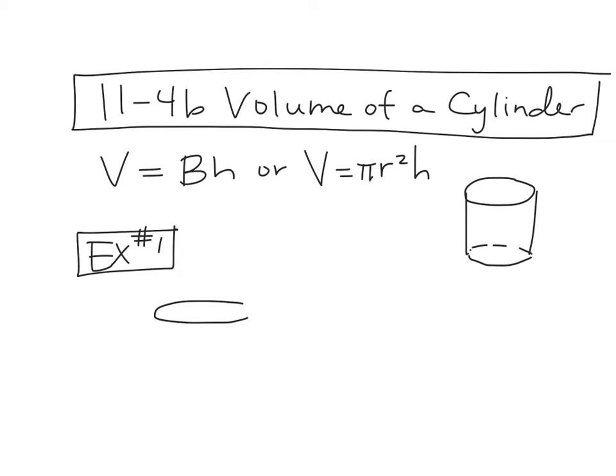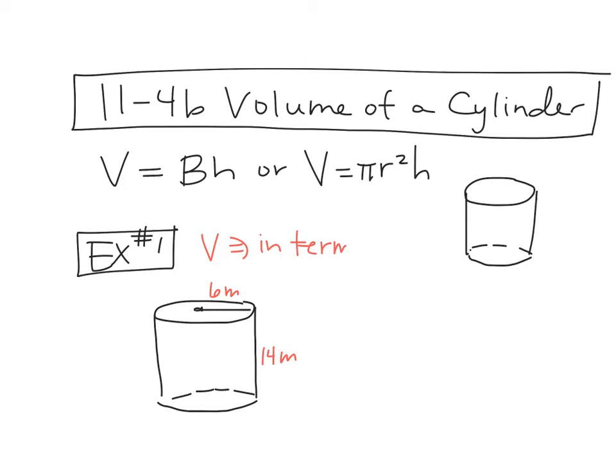For these ones, the majority of the time you're going to find the volume in terms of pi. So let's say for this one we have a radius of 6 meters, a height of 14 meters, and we want the volume in terms of pi. Okay.